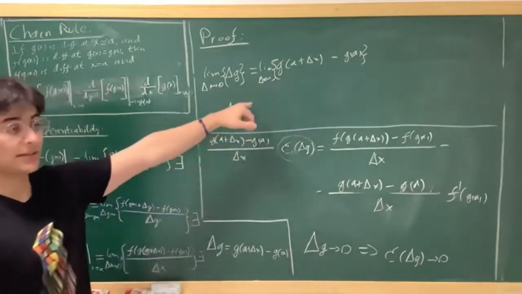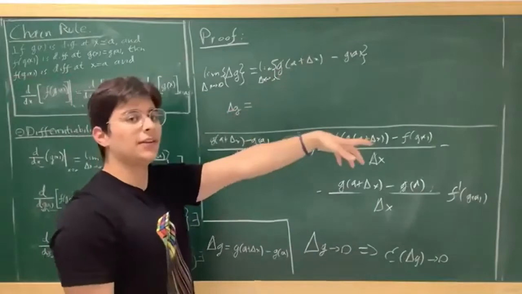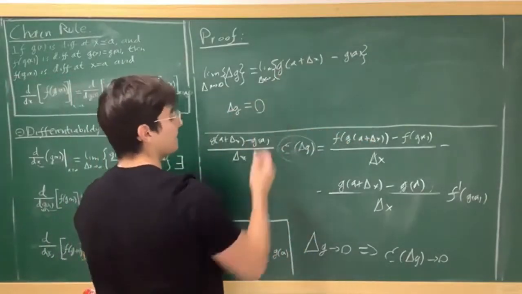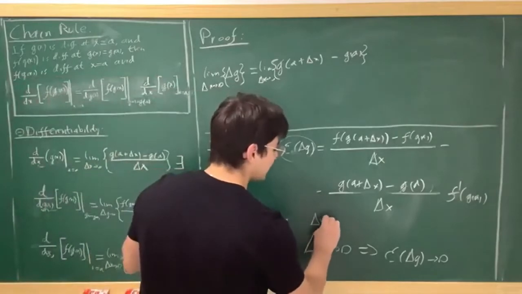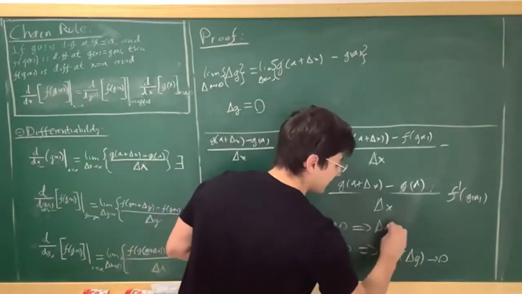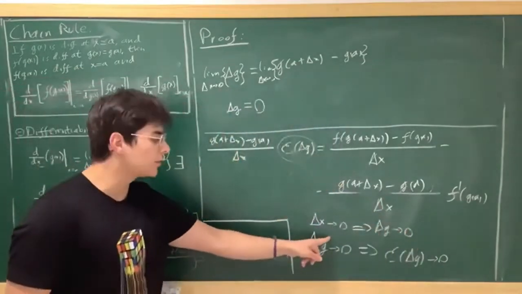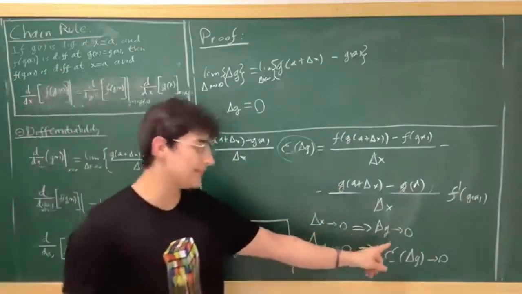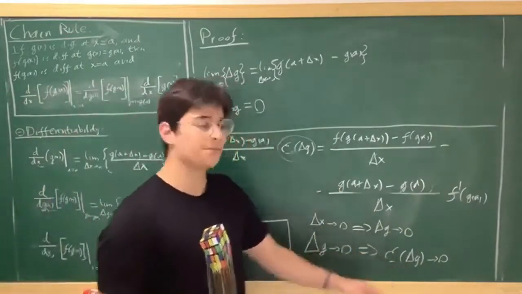And when we do this, well, this should go to 0, and we get g of a minus g of a, which is just 0. So we get that as the increment in x goes to 0, this implies that the increment in g goes to 0. So increment in x goes to 0, well, then it follows that this goes to 0, and if this goes to 0, then it follows that this goes to 0.